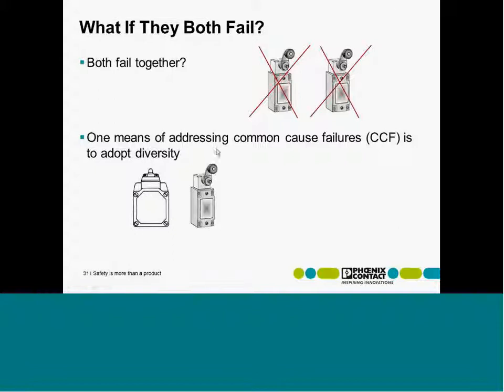By using diverse components, we can minimize failures caused by mechanical destruction of these switches. Another example is overcurrent or overvoltage, which is part of CCF as well. So there are different measures which can be selected and can be seen under this parameter here.